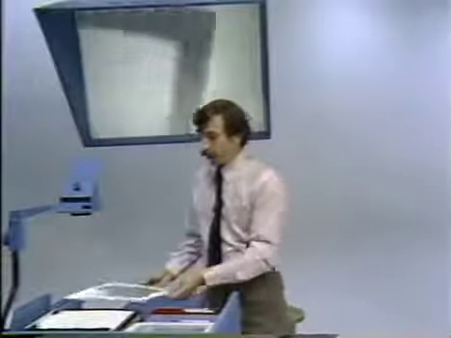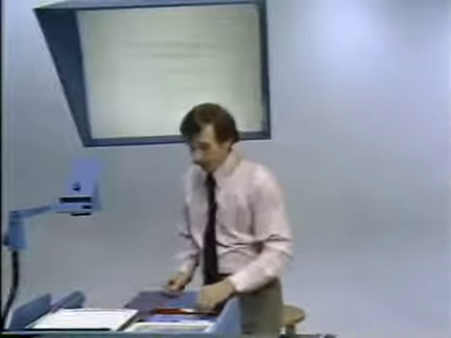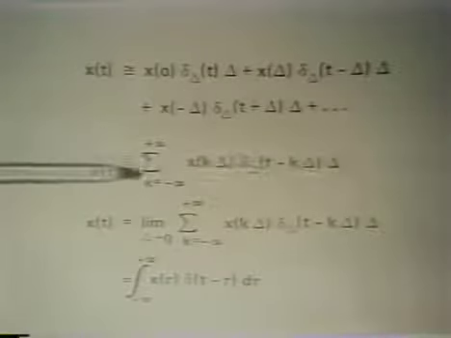When we have that linear combination, then we're saying that x of t can be represented by a sum as I indicate here, which I can then write more generally in this form, just indicating that this is an infinite sum. We now want to take the limit as delta goes to 0.